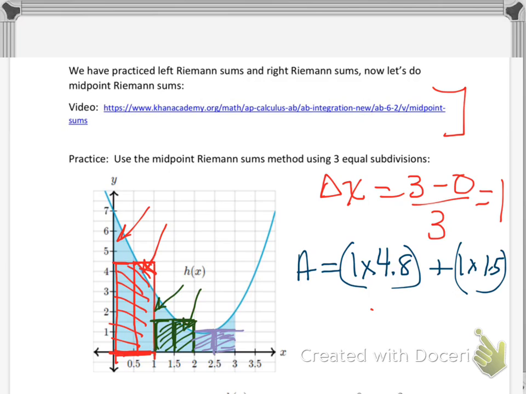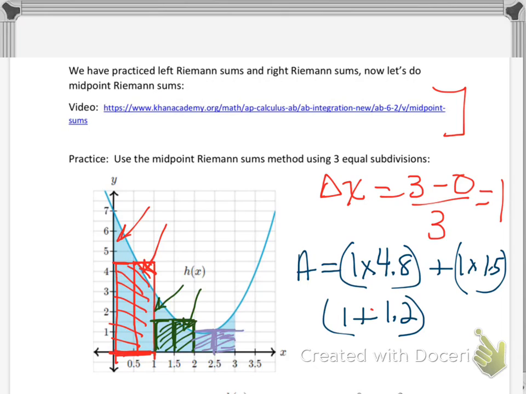Then look at the third rectangle. So that height looks about 1, maybe 1.2. So let's say 1.2. So I have 1 plus 1.2, and we're going to add up all those numbers and get the approximate area under the curve using the Riemann sum method with 3 equal subdivisions.